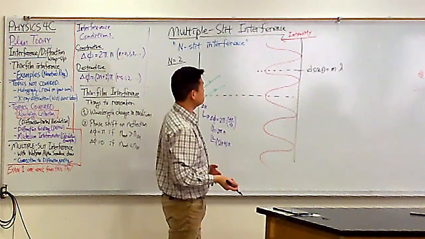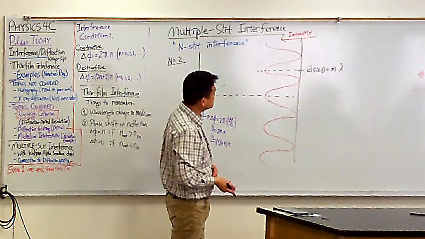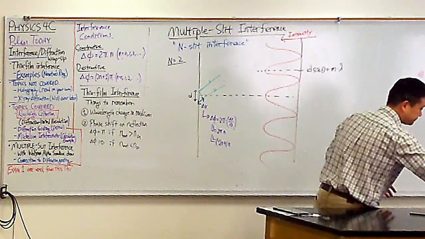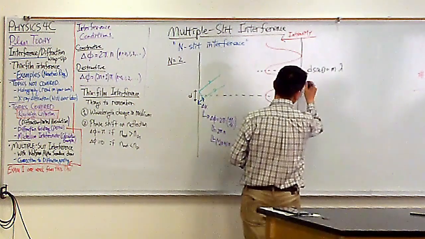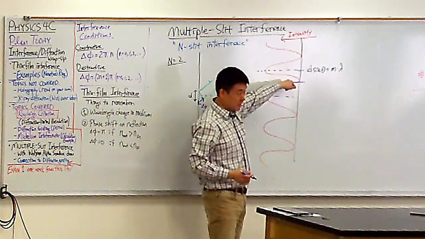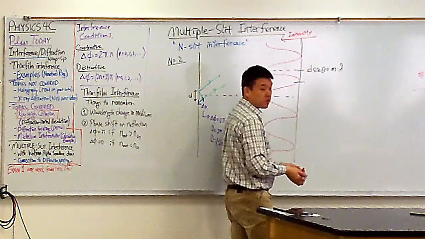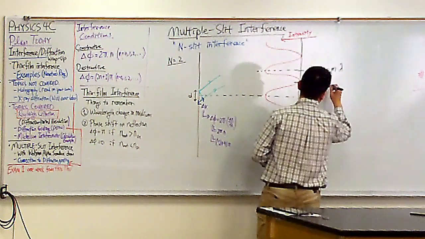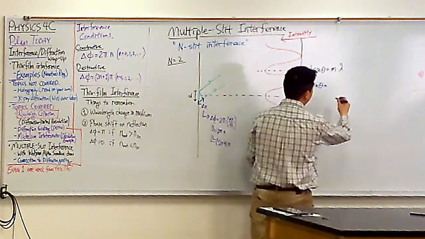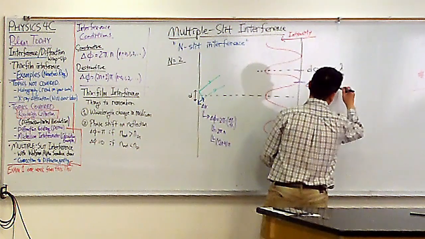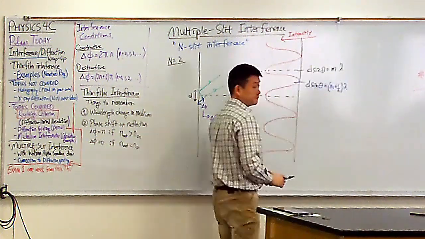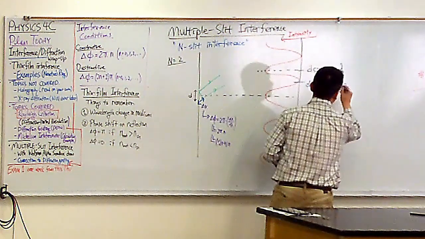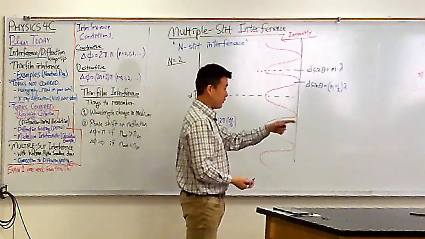And let me lay down one more marker. The interference minimum happens at a location that satisfies this relationship: d sine theta is half a cycle apart, so a half integer, plus 1/2 lambda. Actually, I think we used the minus, minus 1/2. So that m could be 1, 2, 3, 4. Good?